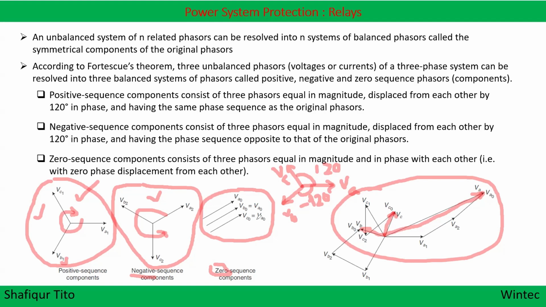First we need to understand that from the unbalanced system we can identify three balanced systems, or from three balanced systems we can get an unbalanced system. Any question? Great.